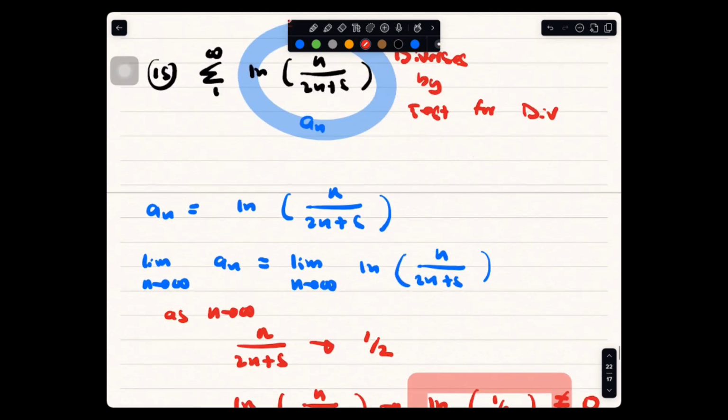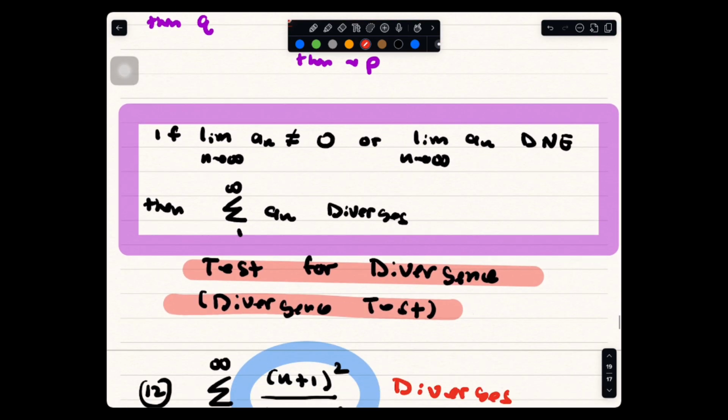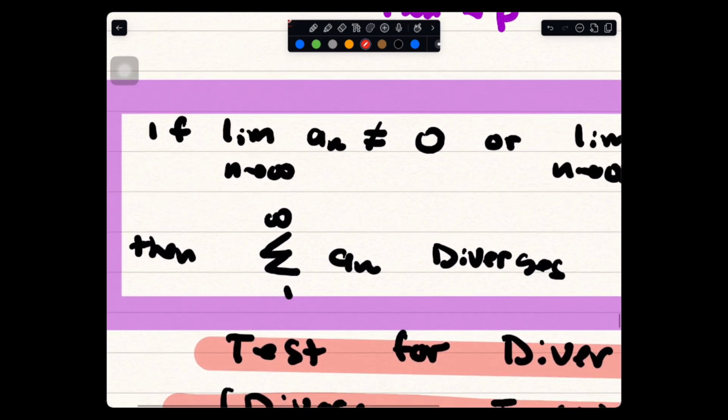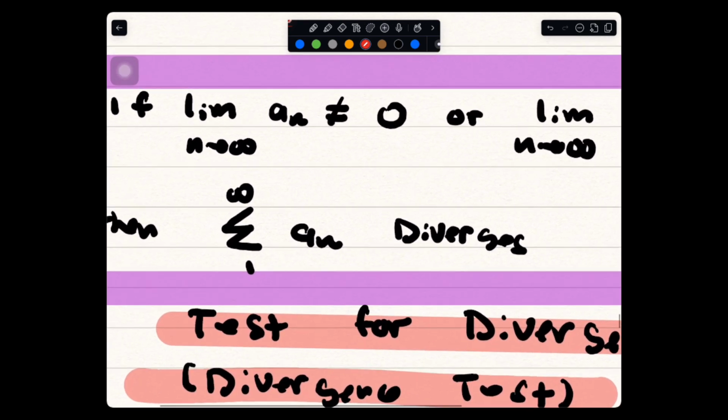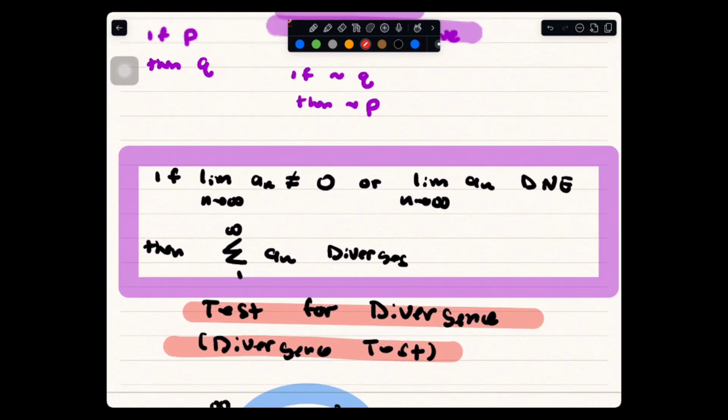Say no. Why? Because what do we have to have? The limit of an could not be 0 or does not exist. Then we conclude the series diverges. Oh, so if the limit of an equals 0, does that mean the series converges? No, it doesn't.